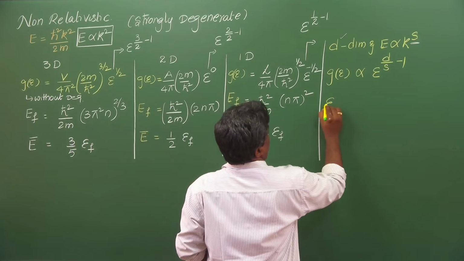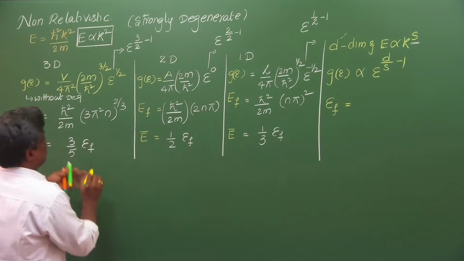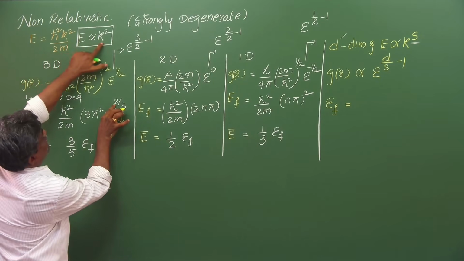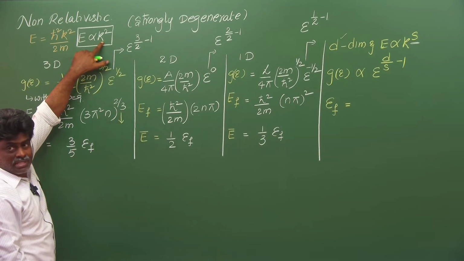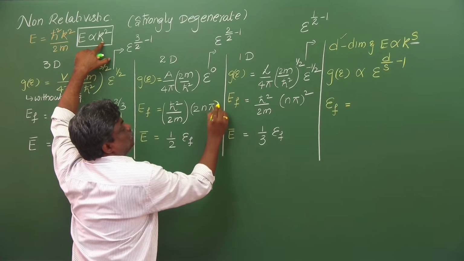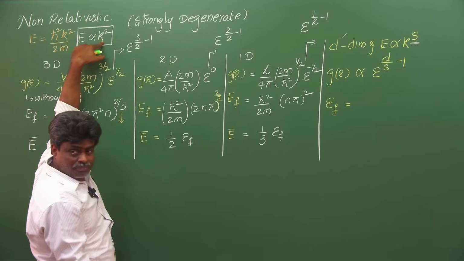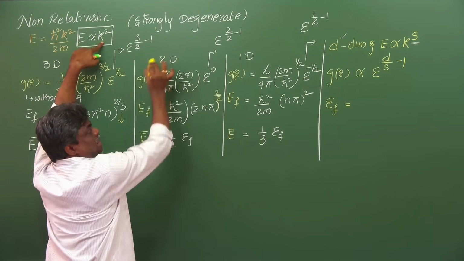Next, Fermi energy. Ready? Now how am I writing this? This is k square, 3 dimension. So yes or no? Here 2n pi whole power, shall I write it as 2 by 2? Again k square, 2 dimension.